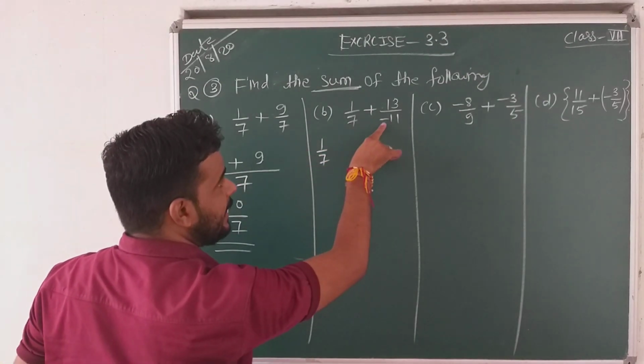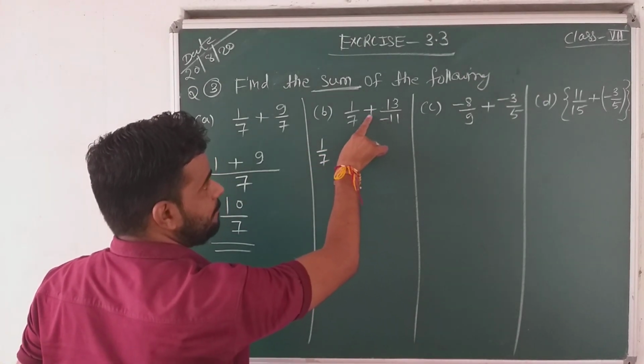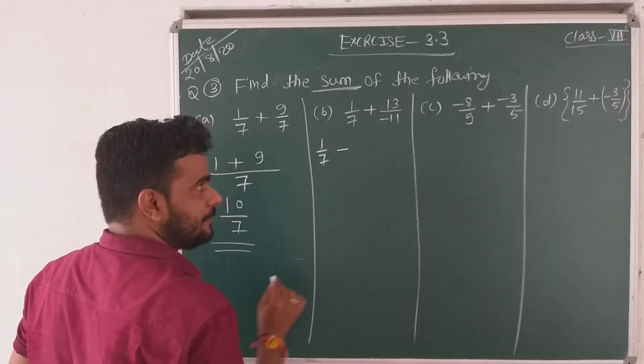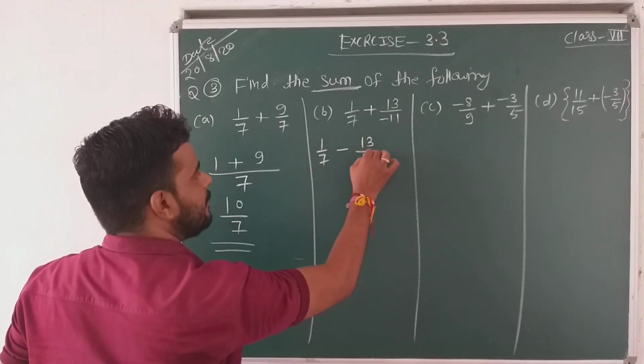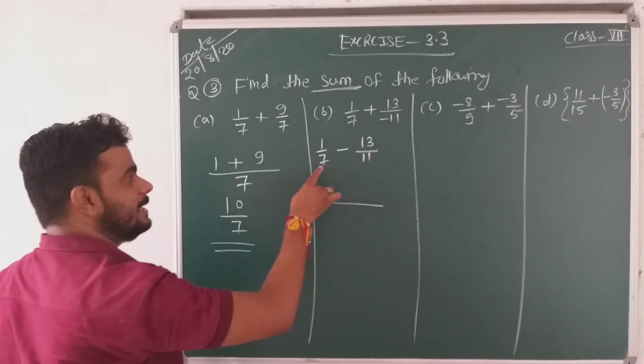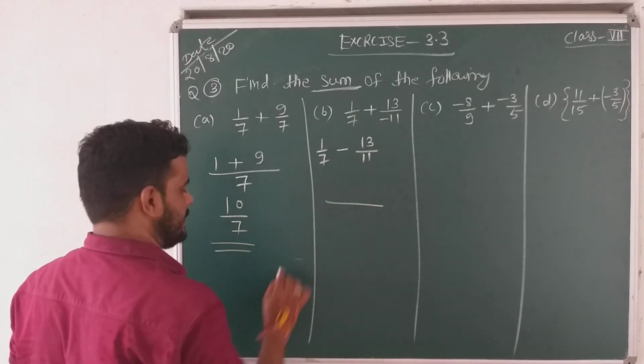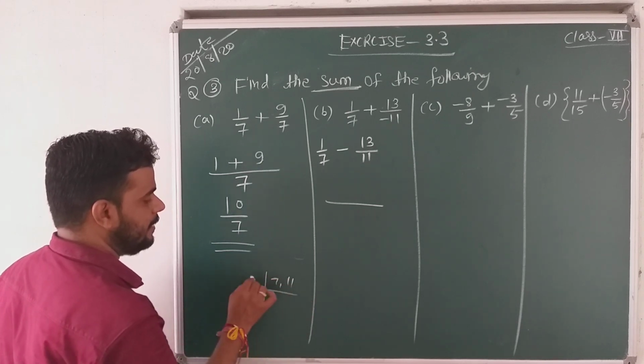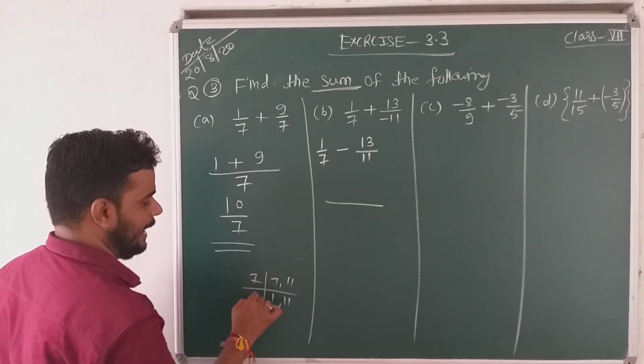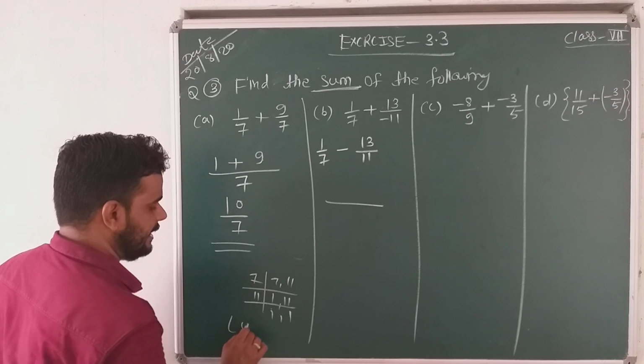Next, 1 by 7. Here is positive and negative. Positive plus and minus, positive and negative is always negative, and 13 by 11. Now both denominators are different, 7 and 11, so first we will take the LCM. The LCM of 7 and 11 is 77.